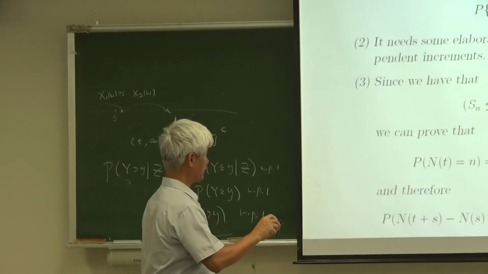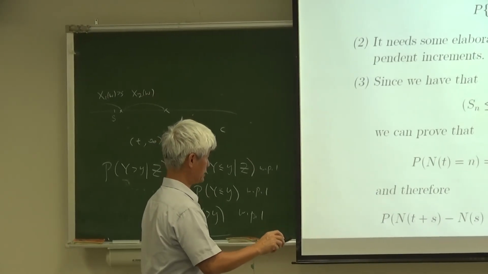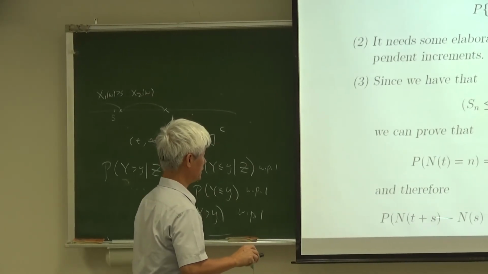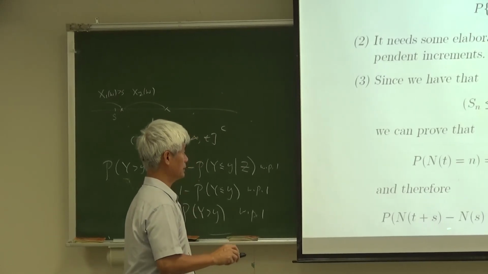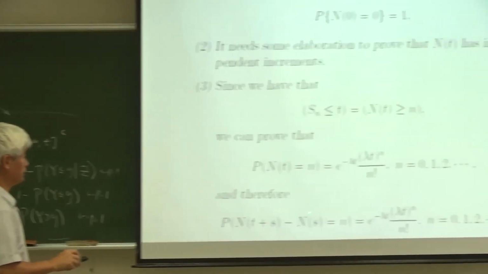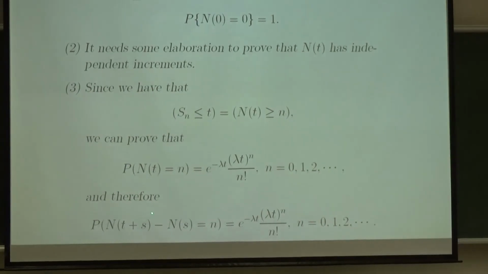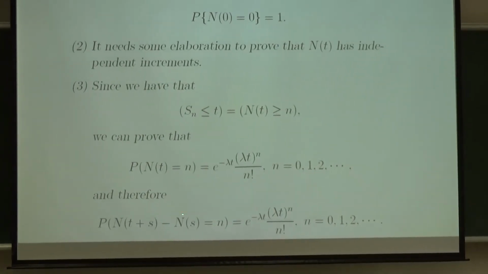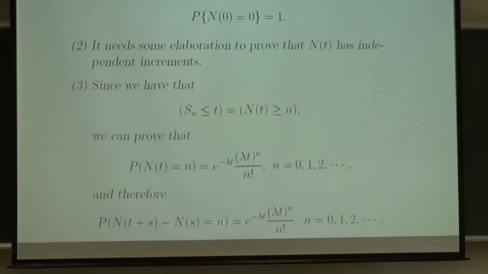Once we end up with this distribution, we can compute the increment, and we find that the increment is independent of s. So now we have stationary increments. And the increment has a Poisson distribution with parameter lambda times t.